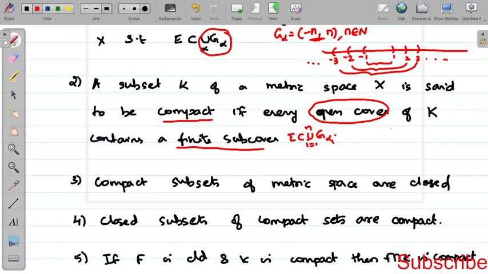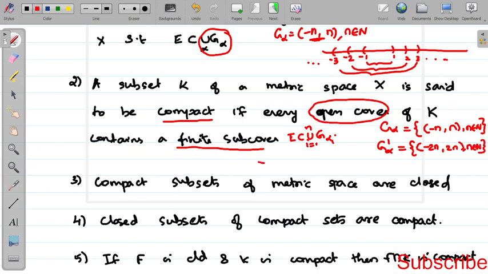So for example, I am taking one compact set, (-n, n) with n belonging to the natural numbers. Now I am taking the subcover as G alpha dash equal to the set of (-2n, 2n), with n belonging to the natural numbers.